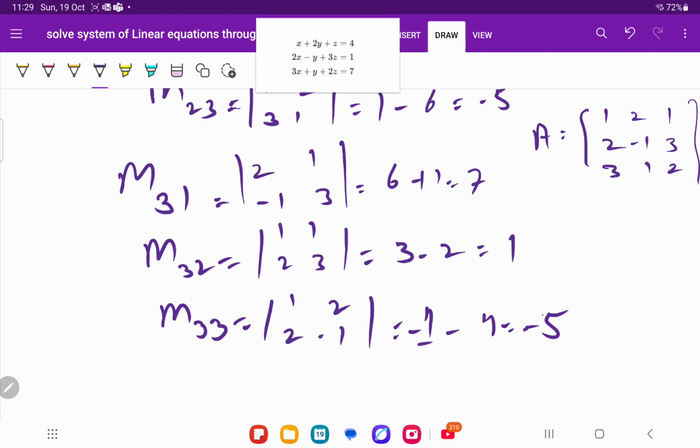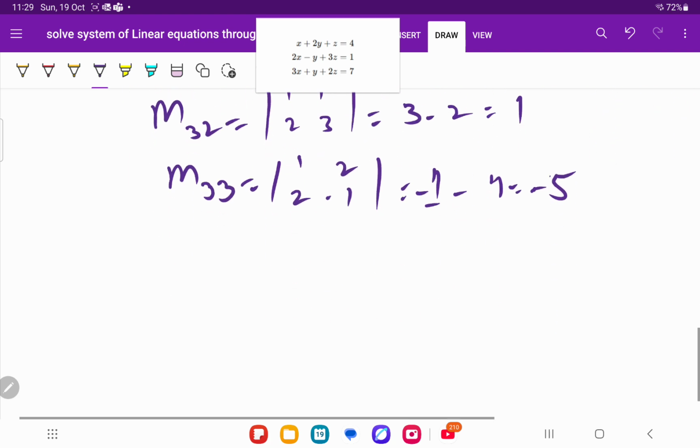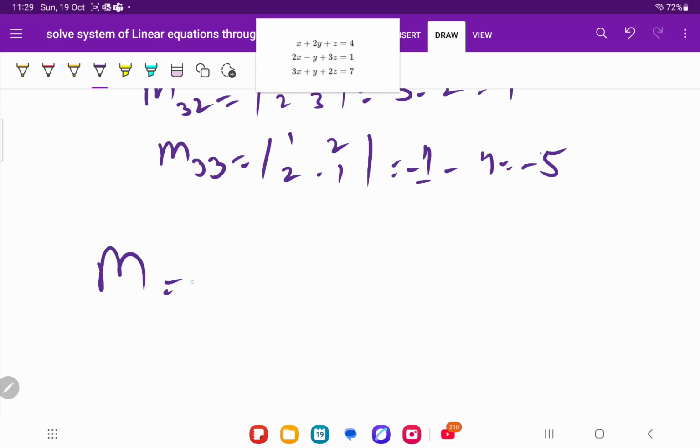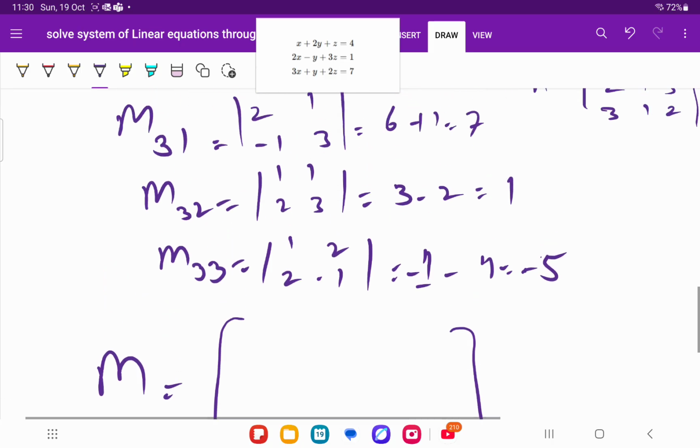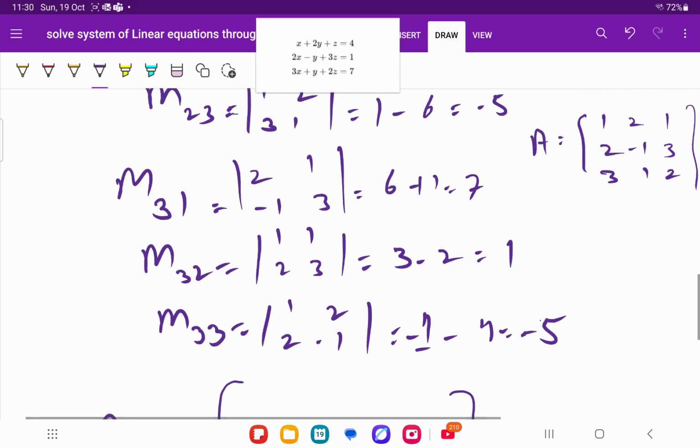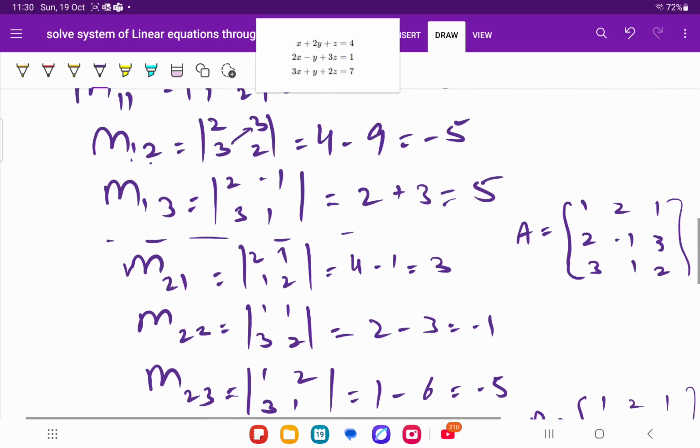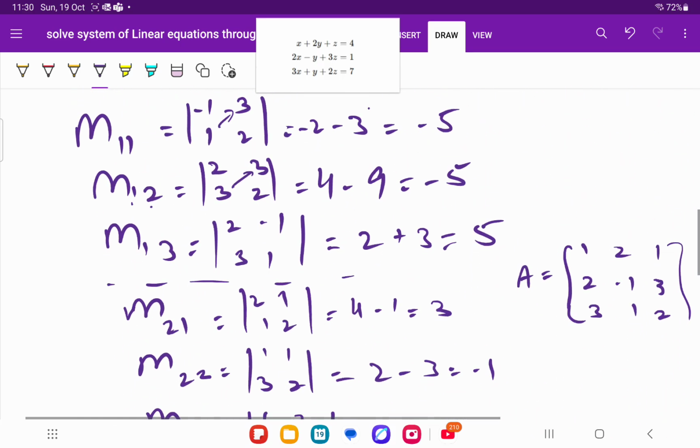Okay. So now we will collect all these terms in a minor matrix. We will denote a minor matrix, and in it we will write all the values we have calculated. So M11 will be placed here, starting from M11: minus 5, minus 5 and 5.